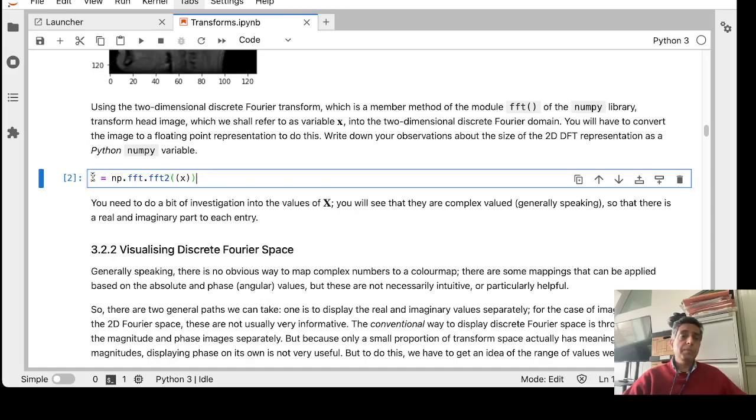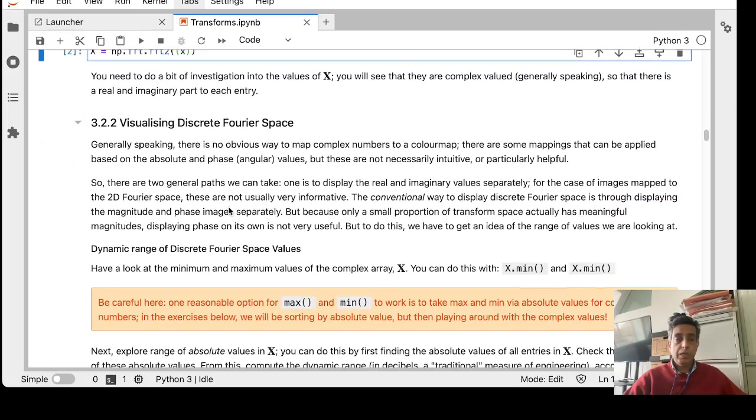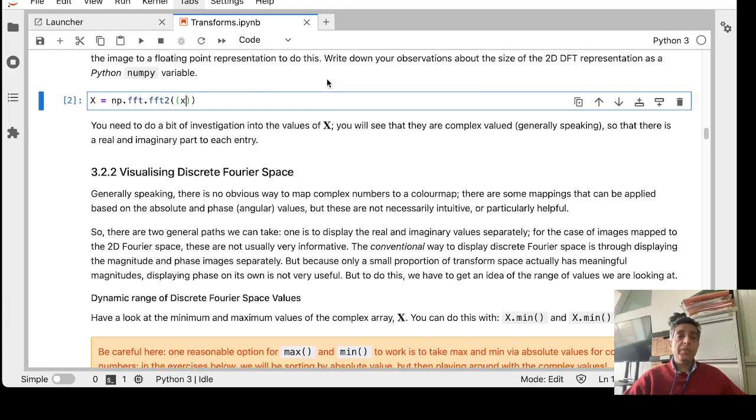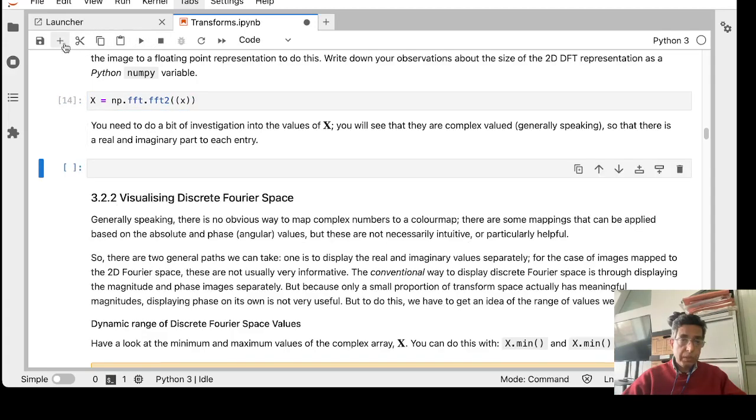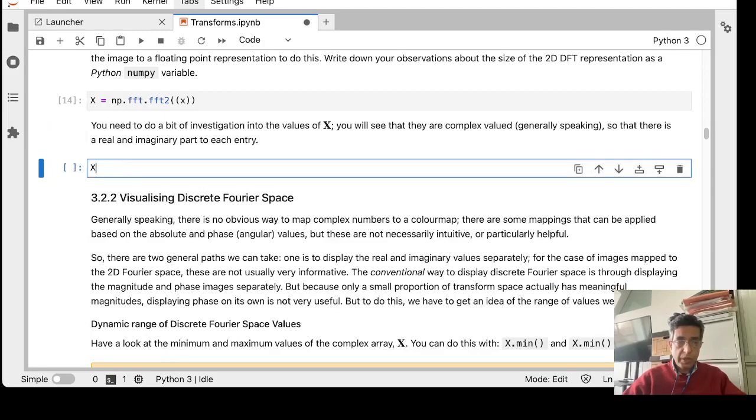So this maps us to discrete Fourier space, which is represented by capital X here, as distinct from the original image lowercase x. If you have a look at some of the values of X, you can just take arbitrary values. It's a two-dimensional array, so if we just did X, let's say 0. I forget how to address in 2 dimensions now. How embarrassing. Let's try that.